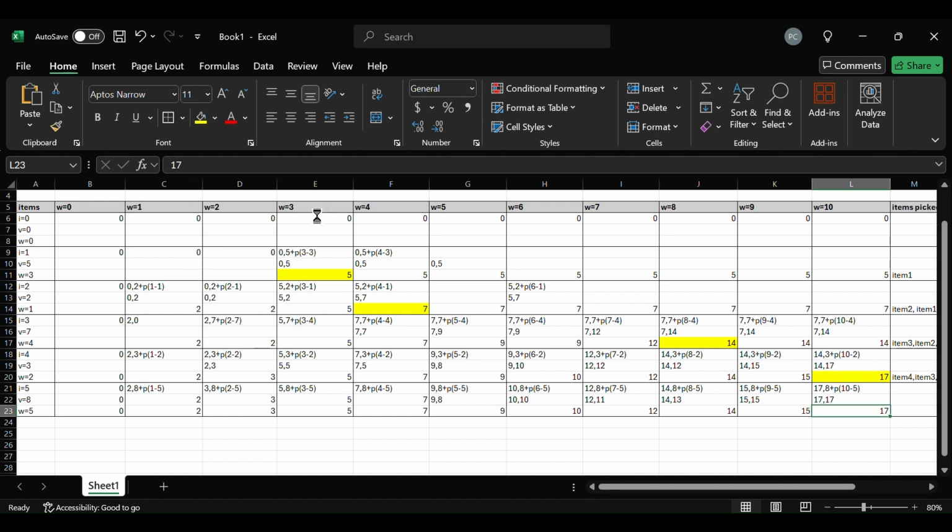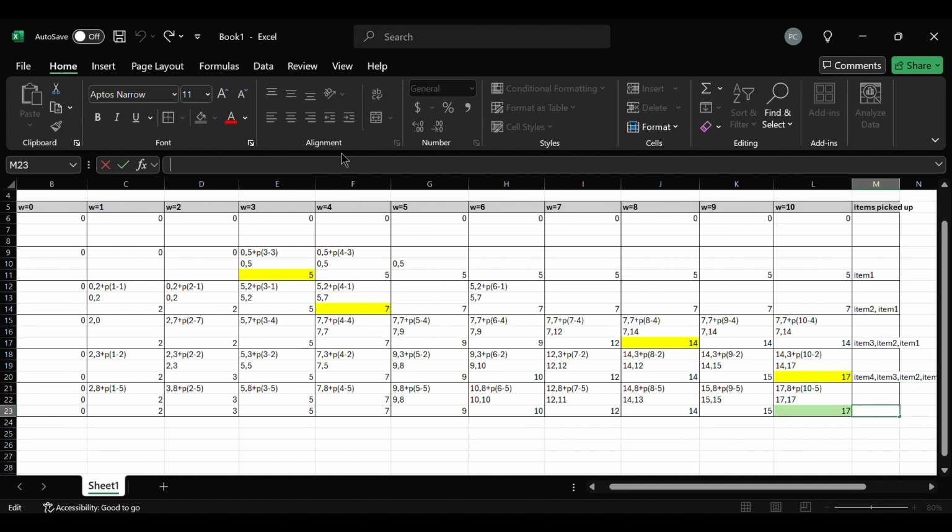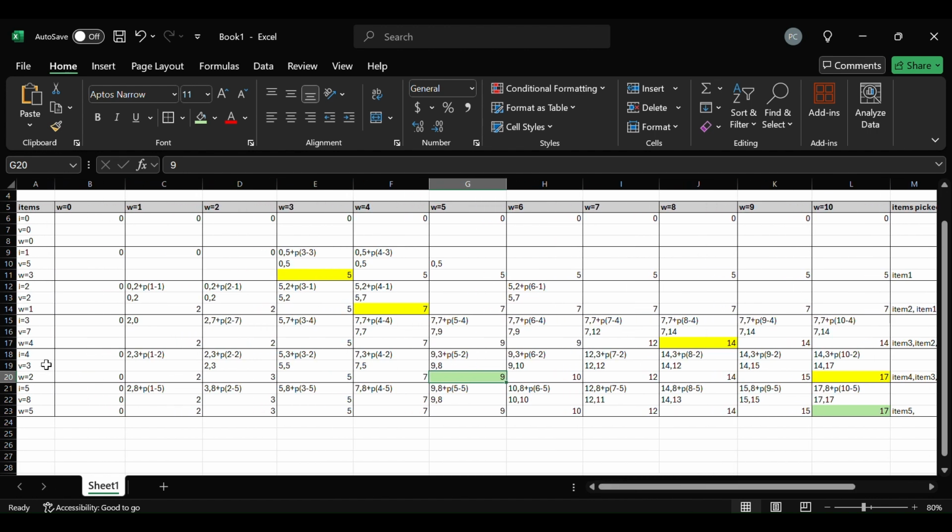let's see what's our order. So item 5, and the remainder is P of 5. So go to P of 5. Here we decided did not pick up. So for did not pick up, we did not pick up item 4, so go up here, right? Because this is did not pick up. Remember this 9 we are getting from the block above.